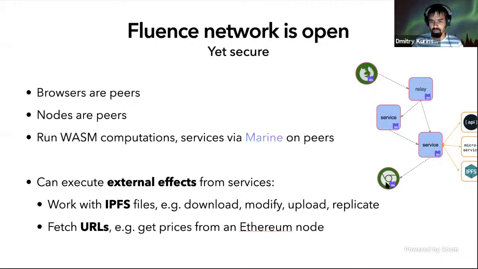So we have different peers like clients. It could be browsers or mobiles or anything. We have different nodes in the network, and we can have WebAssembly services on these nodes. What is interesting is that these services can even execute external effects. For example, they can work with IPFS files. You can instruct the WebAssembly service to download or upload a file over IPFS, and that's what I'm going to show you.